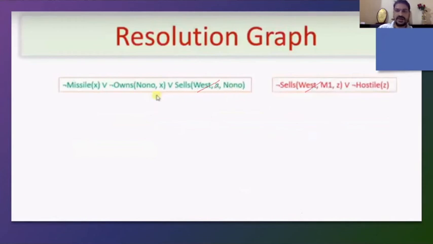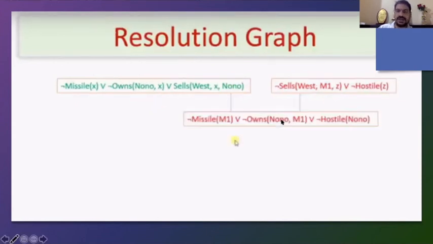Then here you can see that X will be replaced with M1, right? And this Z will be replaced with no with the unification. So this X will be converted into M1, and this Z will be converted into no.